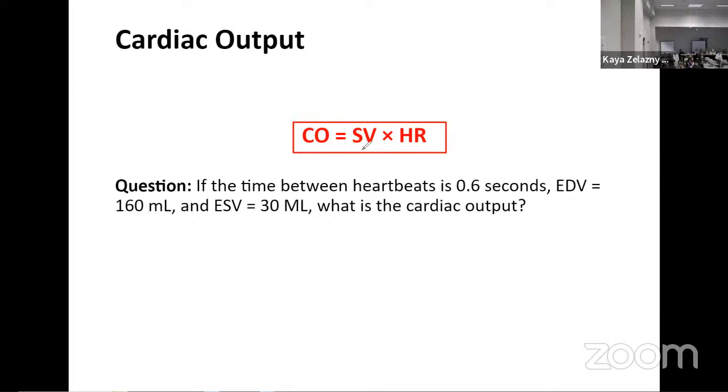So what's happening here? We have our sympathetic nervous system increasing our heart rate, right? We would see an increase in cardiac output, okay? Or if we had our parasympathetic nervous system working, so the reverse, right? If we're at rest, our parasympathetic nervous system depressing the heart rate, that would decrease our cardiac output.